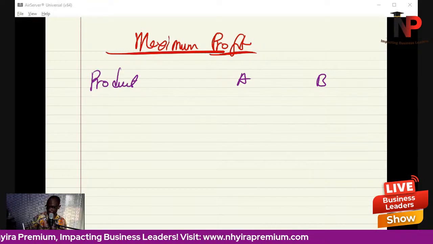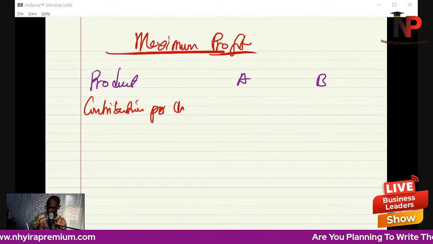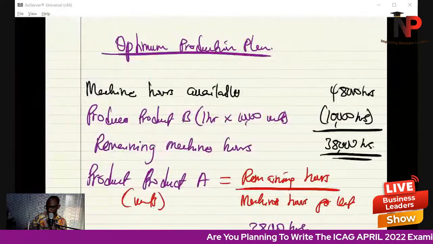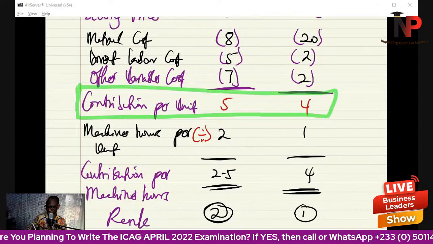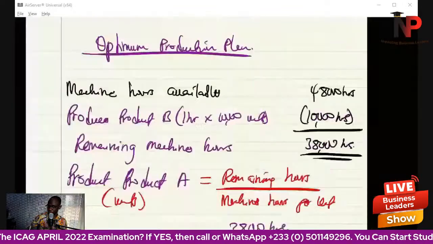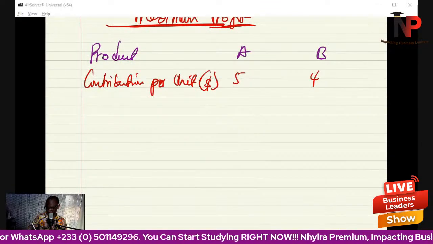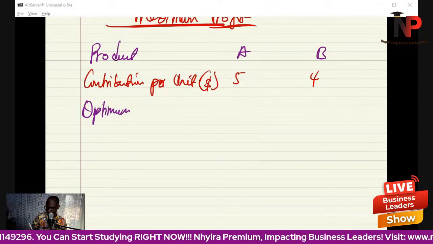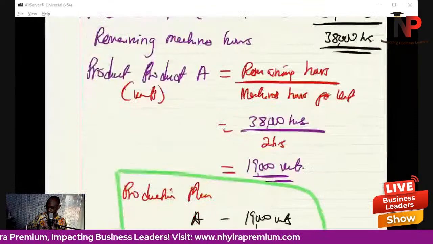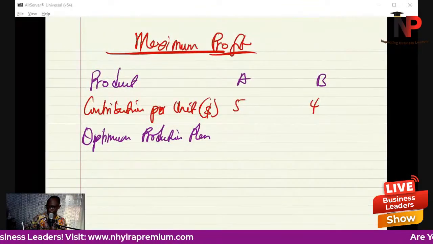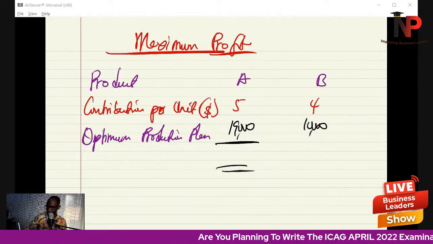Now we start with the contribution per unit. So you go to your slide here to go and pick contribution per unit. So this is contribution per unit. So you pick that up, 5 and 4. Then you bring your optimum production plan, which is 19,000 for A, 10,000 for B. So you multiply that up.